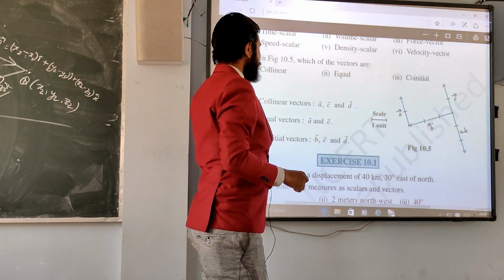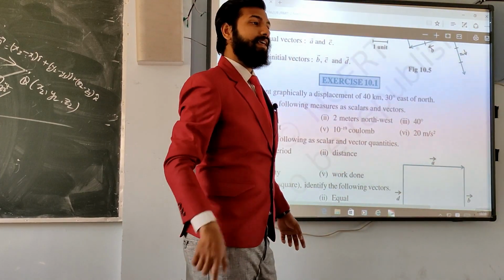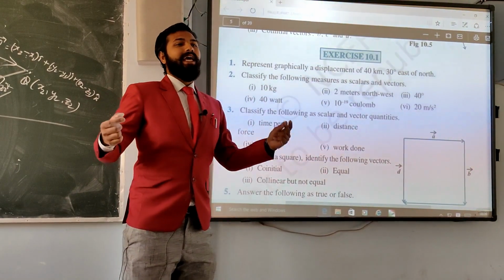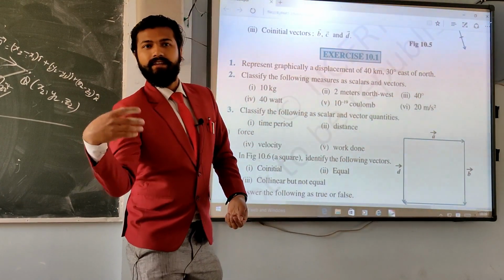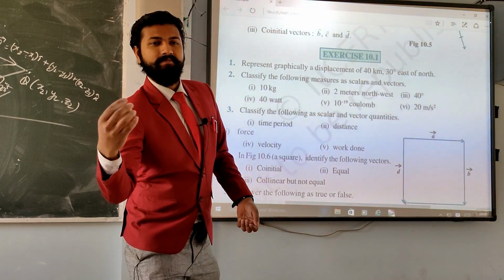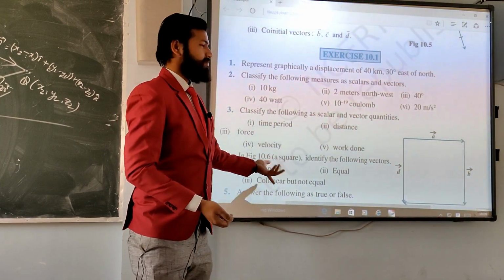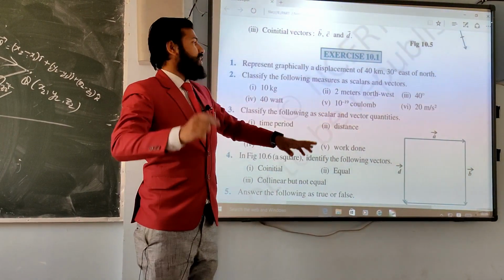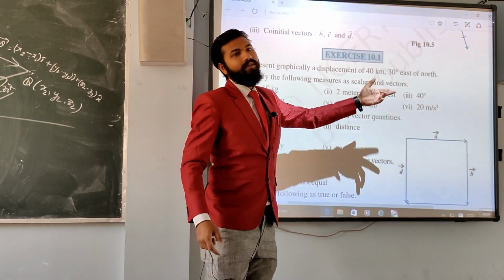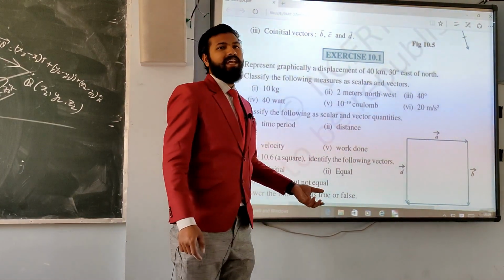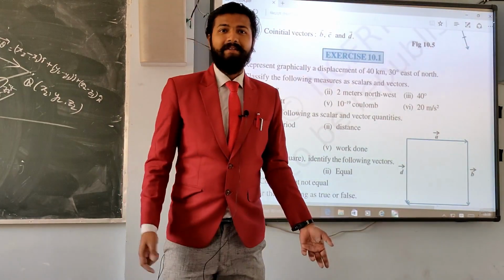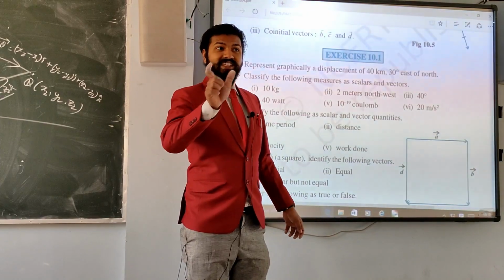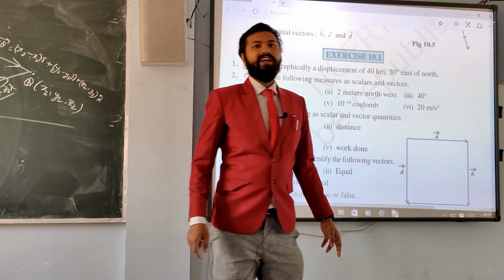So what is your homework? Classify the following measures as scalar and vector. It's a very easy question. 10 kg is mass, scalar. 2 meter northeast is a vector, with a northeast direction. 40 degree, scalar.